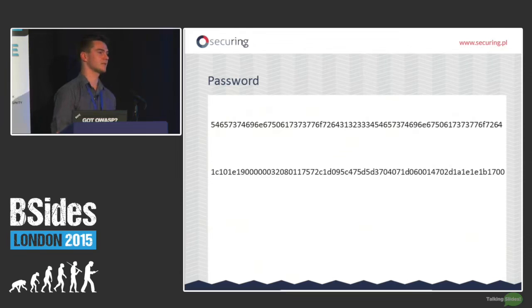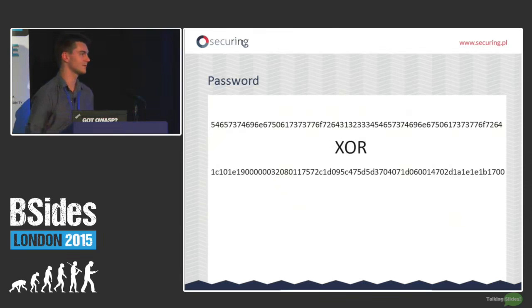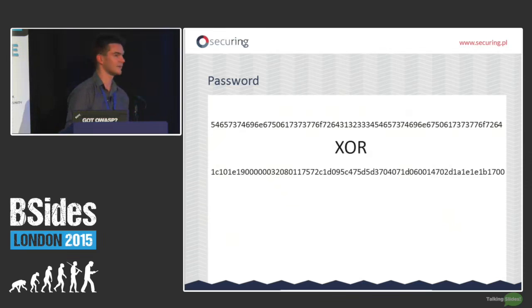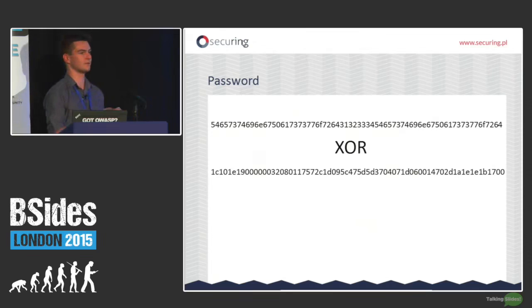So any other encryption algorithms or ciphers do you know? Well, I've heard somewhere XOR, right? So you know how XOR works, right? You XOR the password, the plain text, with the key, and you receive the ciphered text.